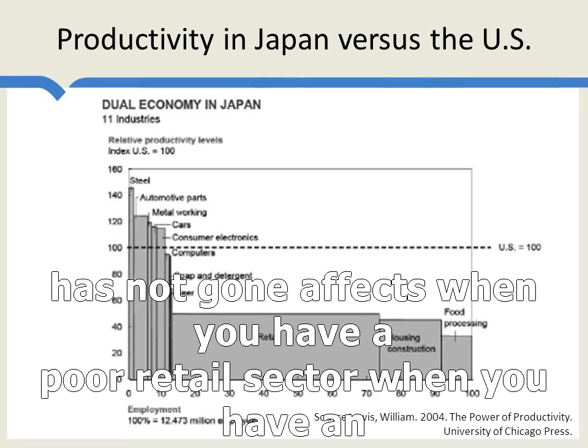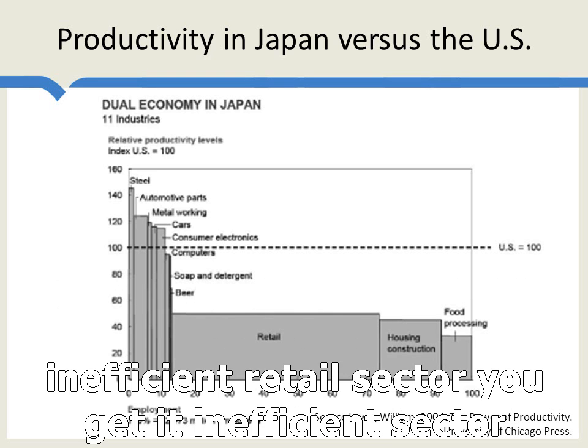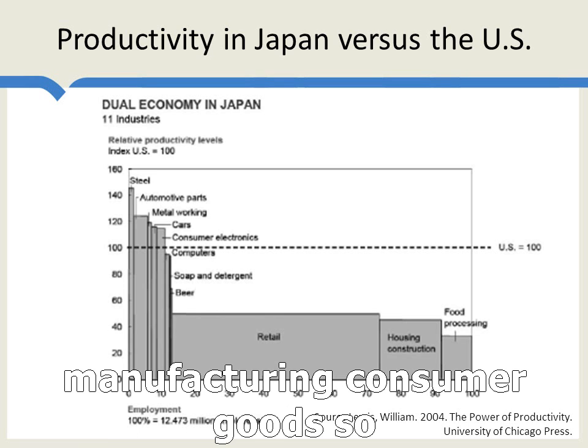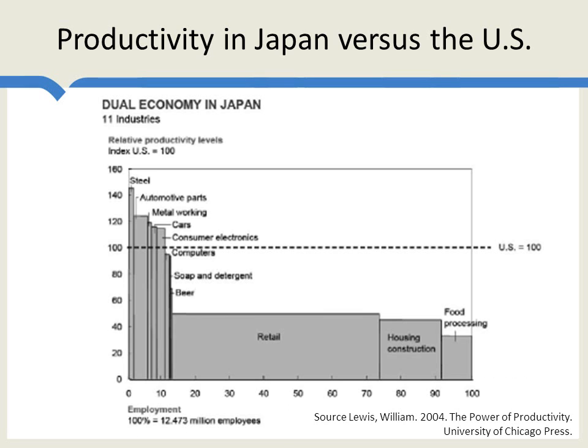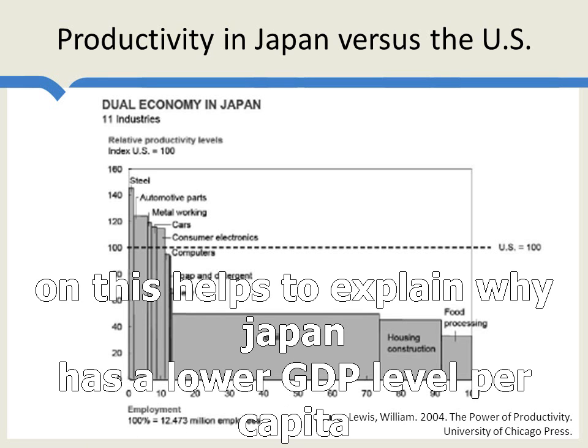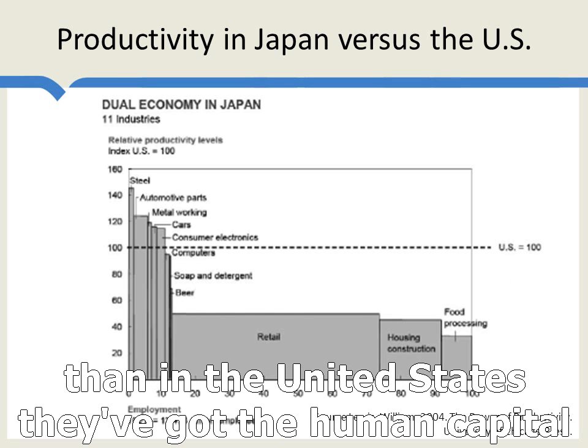So this helps to explain why Japan has a lower GDP level per capita than in the United States. They've got the human capital, they've got the physical capital, but through a whole bunch of licenses and laws and regulations and restrictions, they're not using their physical and human capital up to its greatest potential.